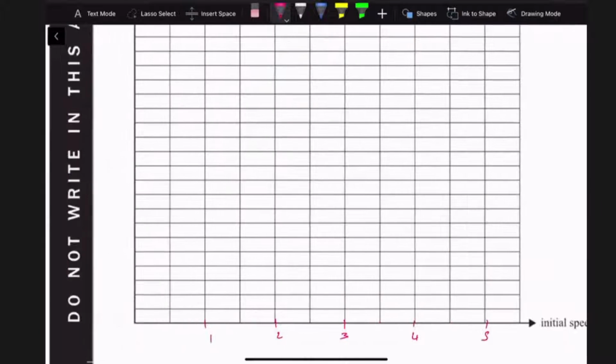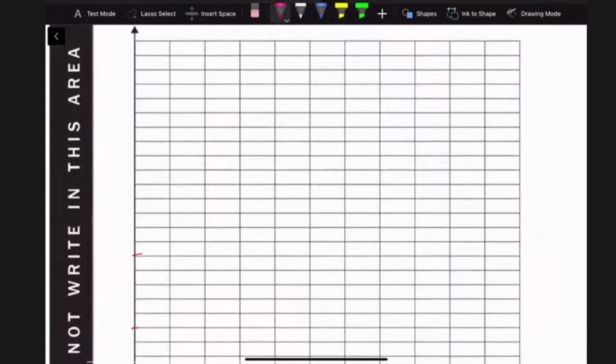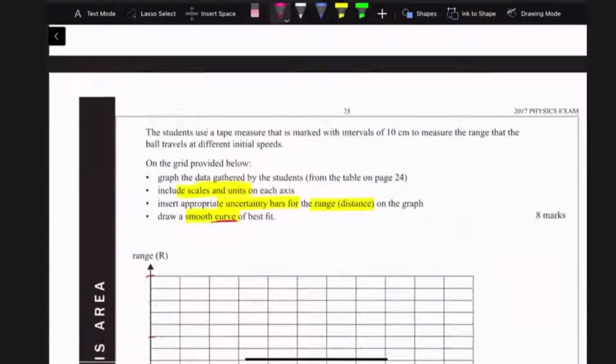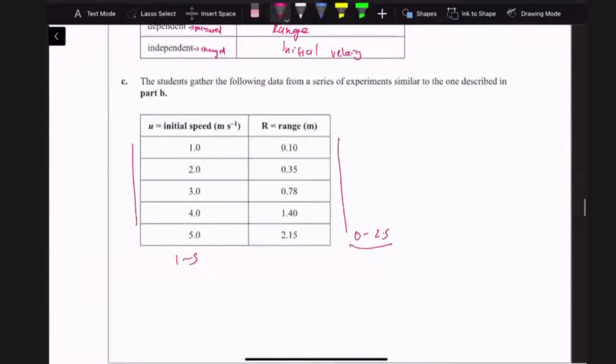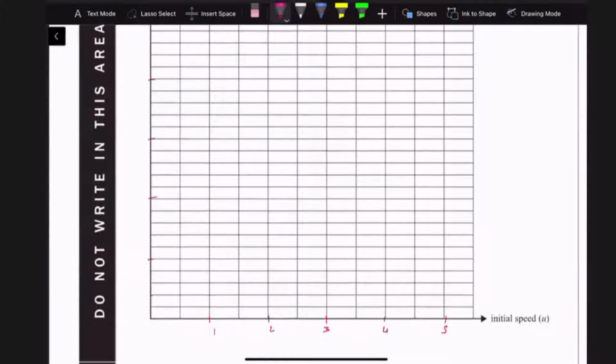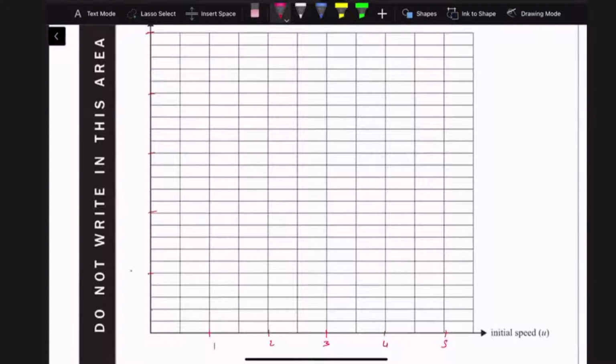And then for the vertical one, there's quite a few boxes, so you might want to draw a line every 5. So 1, 2, 3, 4, 5, and again, and the top would match. As I said before, we're looking for a range of 0 to 2.5, and conveniently we have 5 lines, so we can easily go 0.5, 1, 1.5, 2, and 2.5.